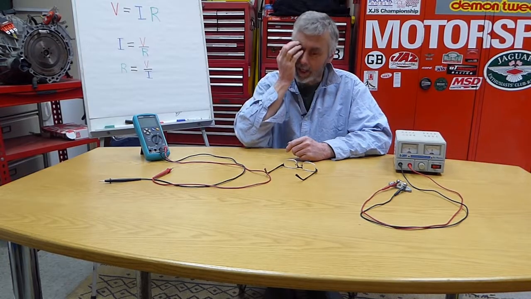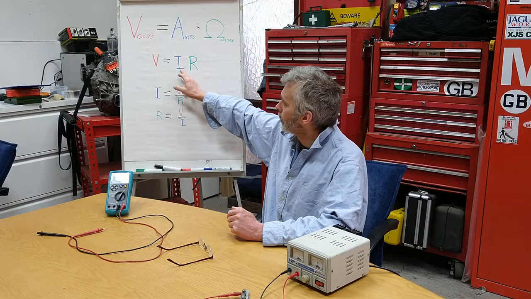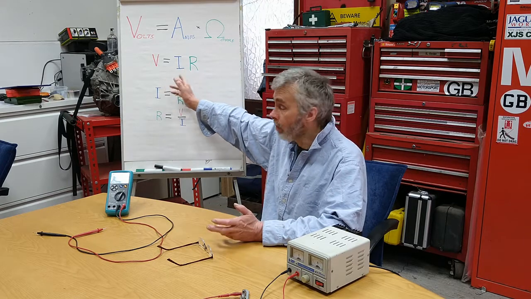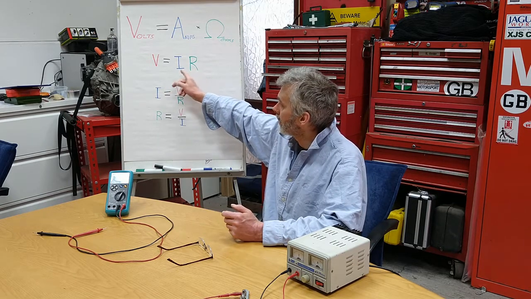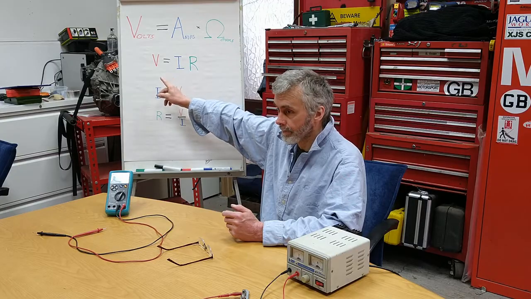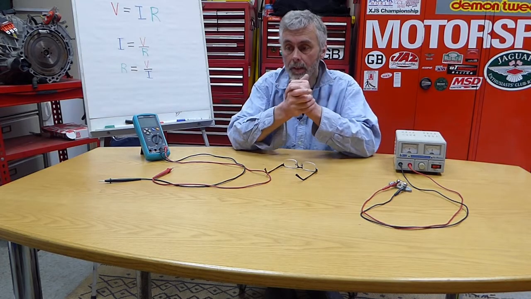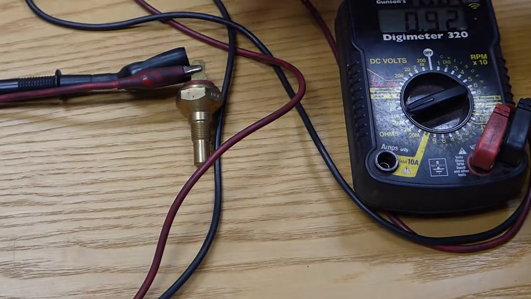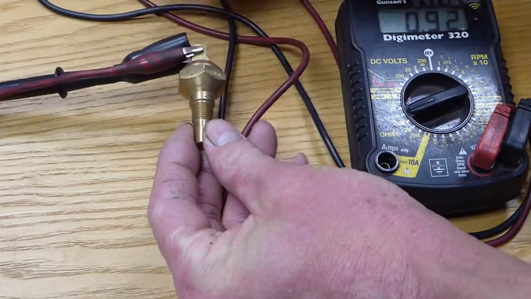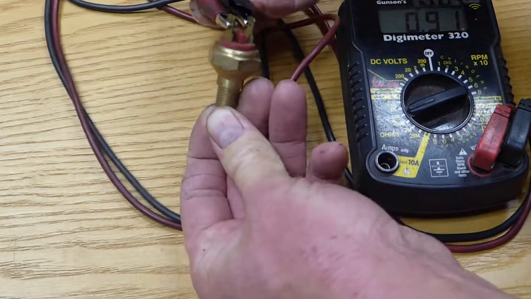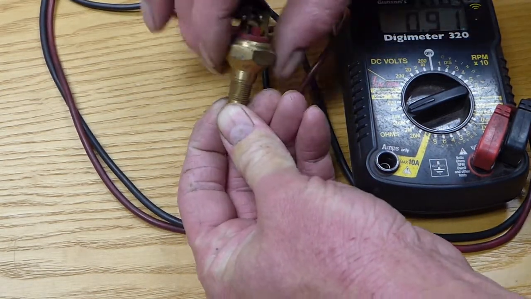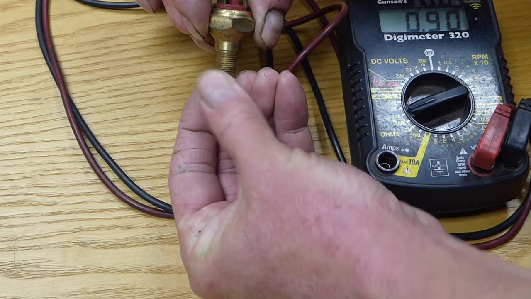And what this means is that as the voltage goes up, the current will go up for a certain resistance. Or, if we change the resistance, the current will change for a certain voltage, which is quite useful. And in fact, we use that for things like temperature sensors. If you've got an engine temperature sensor, we put a little resistive element in the coolant, and its resistance changes as its temperature changes.